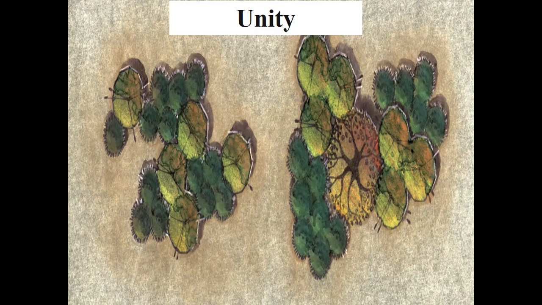This plan view drawing shows two groupings of plants. The one on the left is a plant grouping with no dominant plant. The one on the right has a dominant plant. Colors and textures should support each other. They should all blend together and be part of the whole.